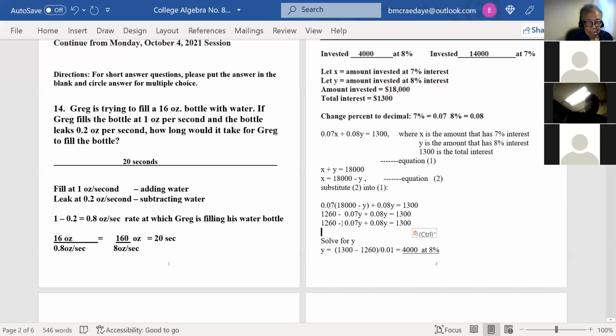The sign is plus because I have more plus than negative, right? So this becomes 0.01Y. Why? Because I did the addition, and then this would be a plus, not minus.